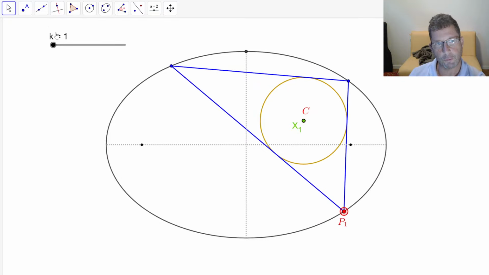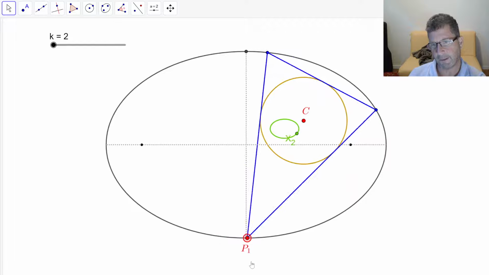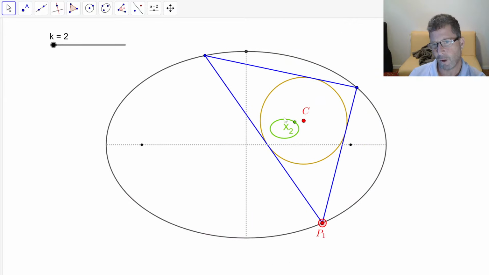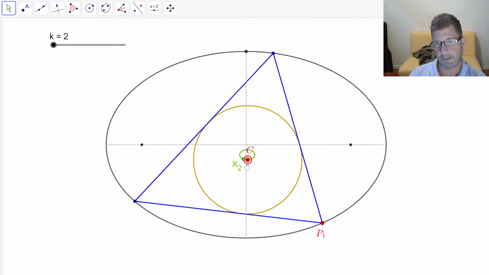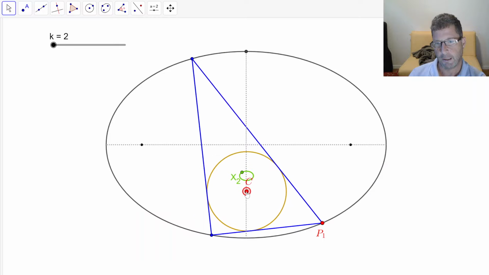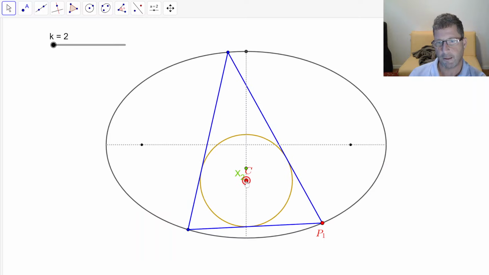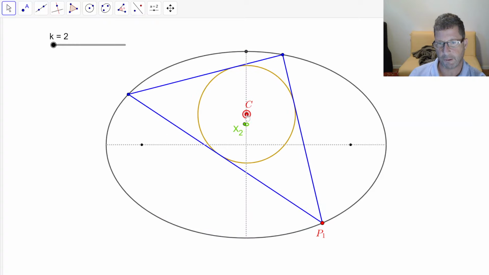How about X2, the barycenter? It's been shown elsewhere that the barycenter locus is always an ellipse, axis-aligned with the outer one. It's actually homothetic with the outer one, so it doesn't matter where C is, I'm always going to get this homothetic ellipse. A phenomenon that looks interesting here is that there are positions for C where the locus of X2 reduces to a point.